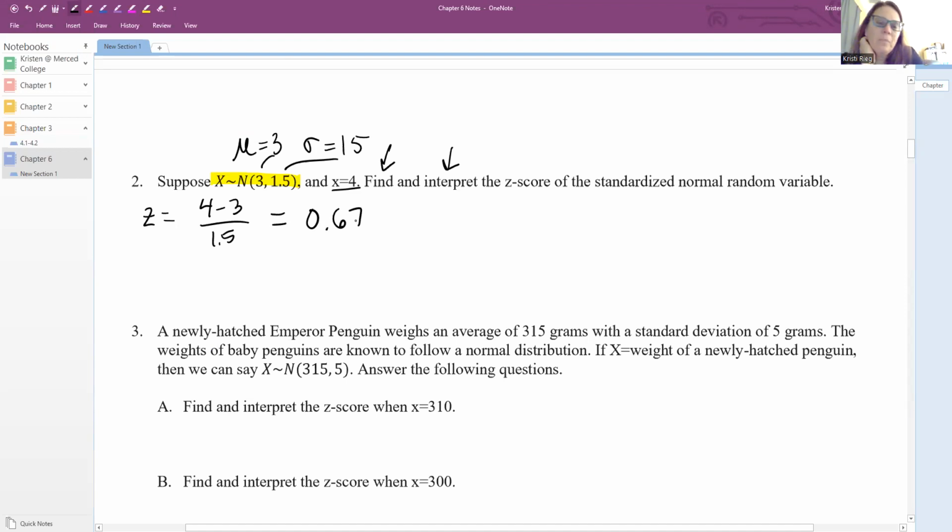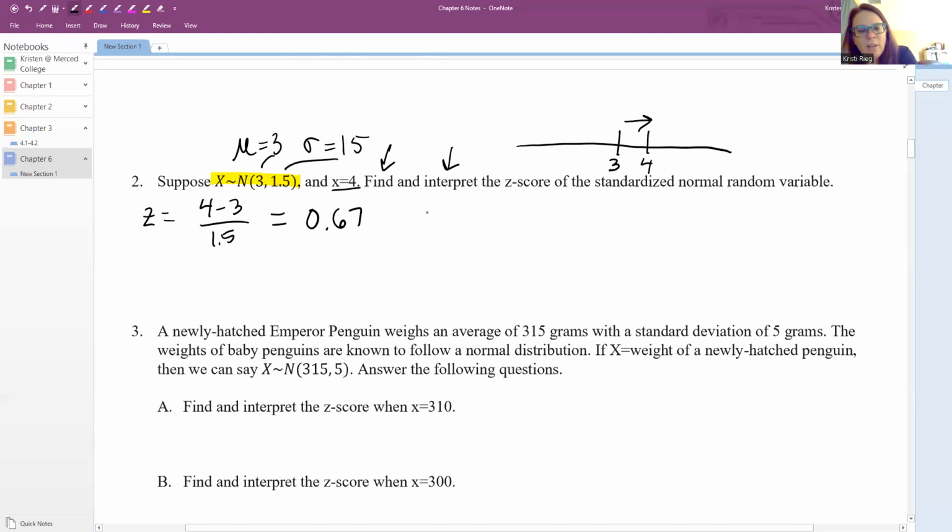And so if I look at this number line that we have here, the mean is in the middle. That's 3. X is 4. That is bigger than the mean. So I expect this answer to be positive because Z is telling us, is our X bigger or smaller than the mean?